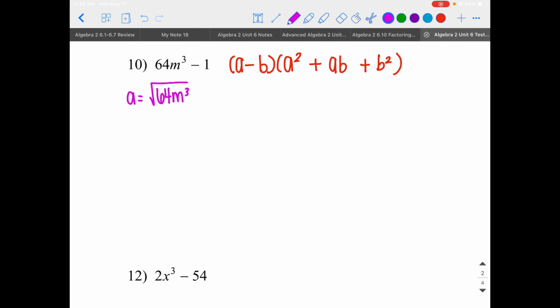So our a, we take the cube root of 64m cubed. Well, the cube root of 64 is 4, and then 4m. For b, that's the cube root of 1, which is 1.